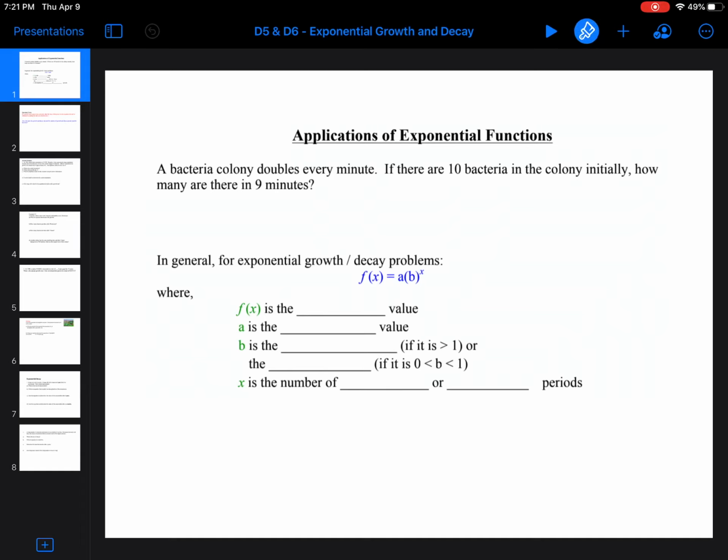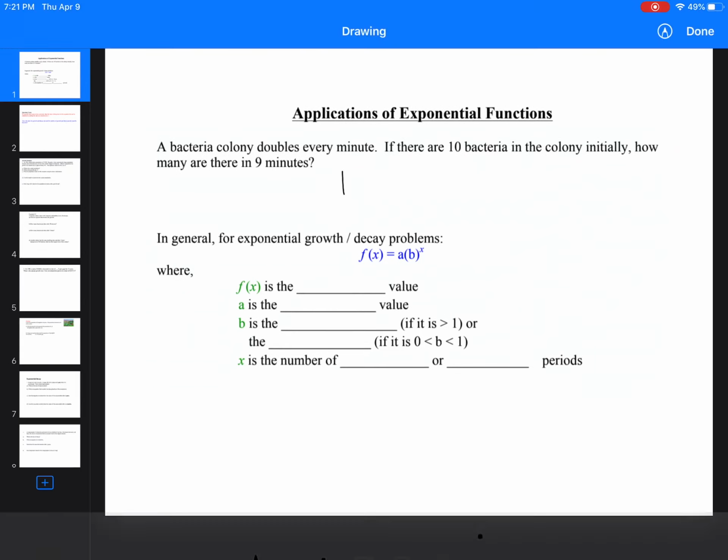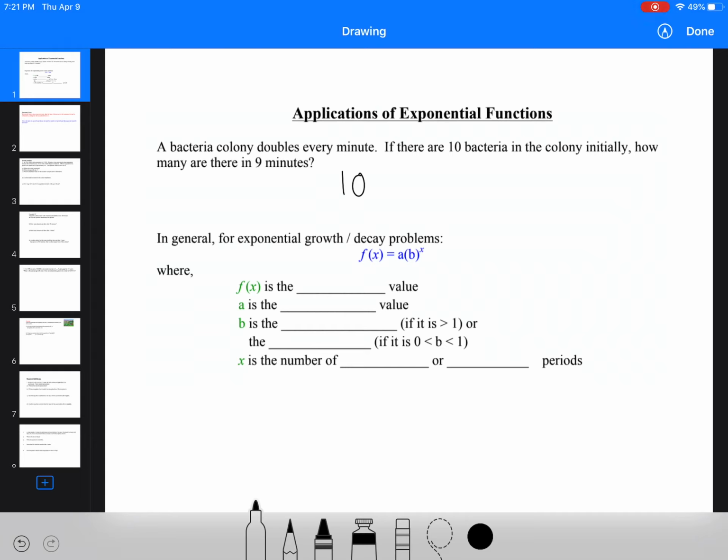So if we had a bacteria colony doubling every minute, and there's 10 bacteria at the start. So we're going to have 10, and then we're doubling it every minute for 9 minutes. So times 2, times 2, times 2, times 2, times 2, times 2, times 2. That's what, 7, 8, 9.